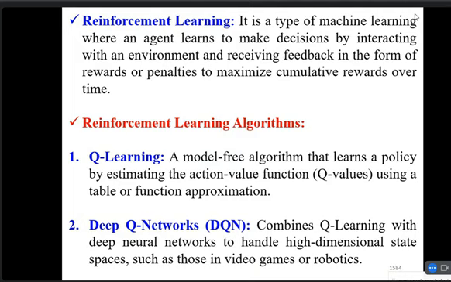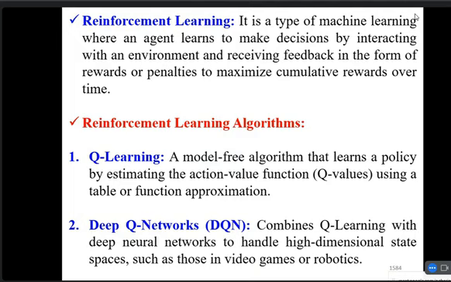By interacting with an environment and receiving feedback in the form of punishment and rewards, or penalties, to maximize cumulative rewards over time, that is called reinforcement learning, especially in gaming applications. We have top 10 algorithms like Q learning.